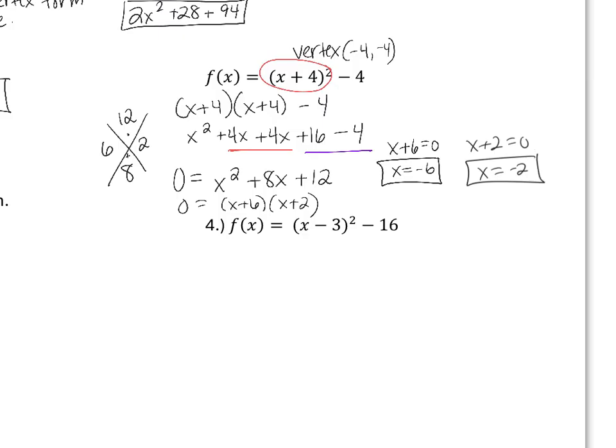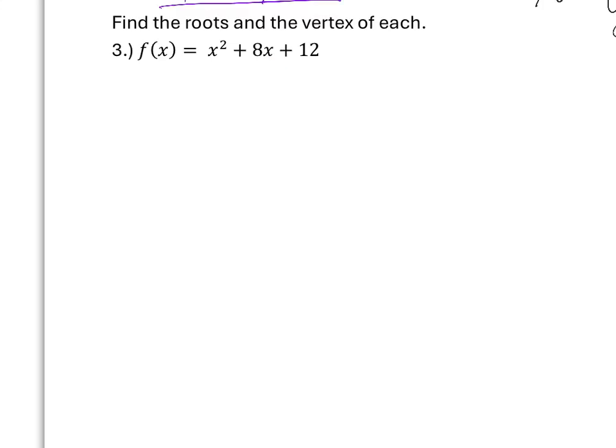Okay? Wait, but didn't we have another method for finding this out? For finding the zeros? We could have done the square method. The square method? What's the one on the other page? It says find the roots and the vertex of each. What form is this? Standard form. So what should we do first? X method. Let's find the roots. Because we have it in standard form, we can just factor.